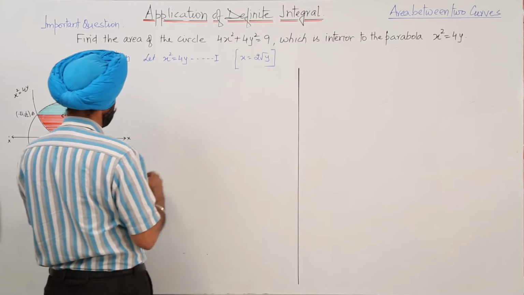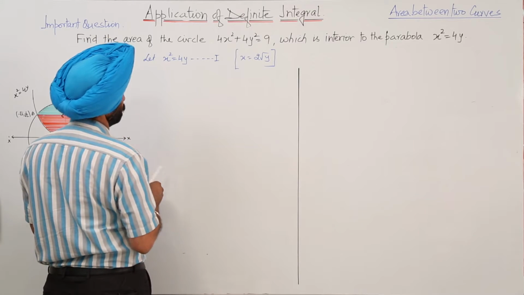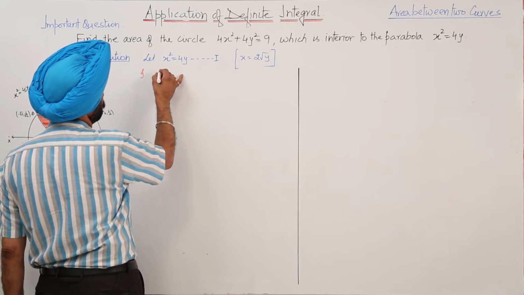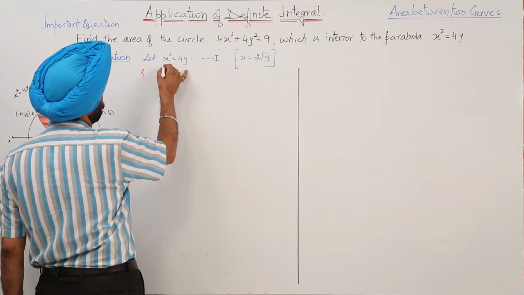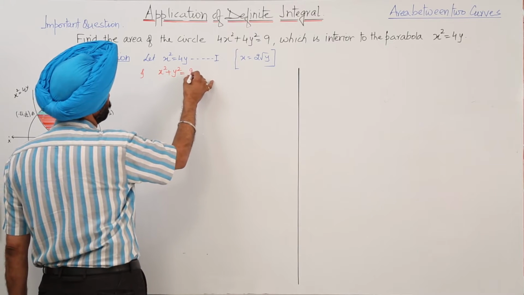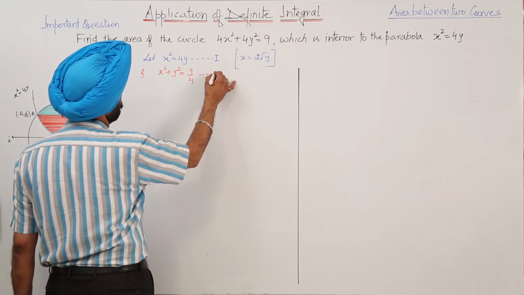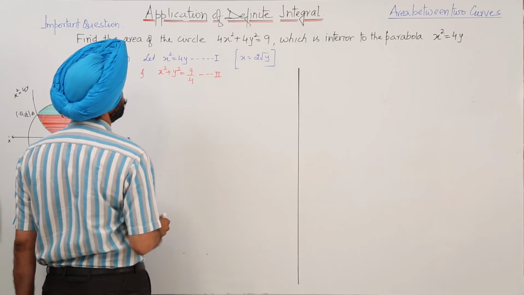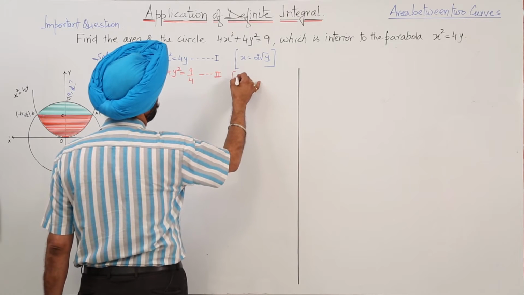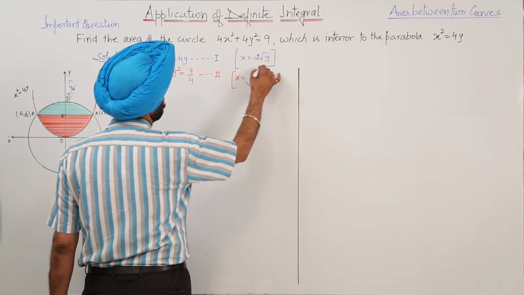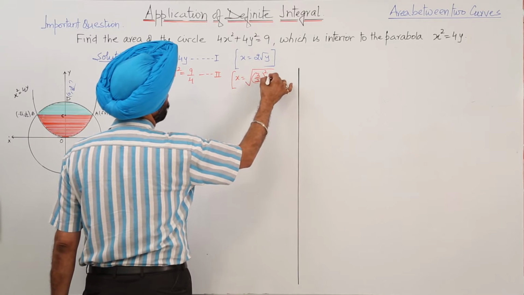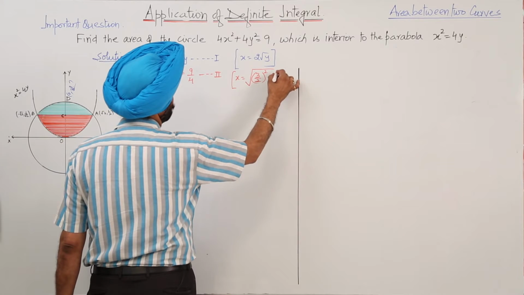Now the circle, x square plus y square is equal to 9 upon 4, equation 2, and to this we can write it x is equal to square root of 3 by 2 whole square minus y square.